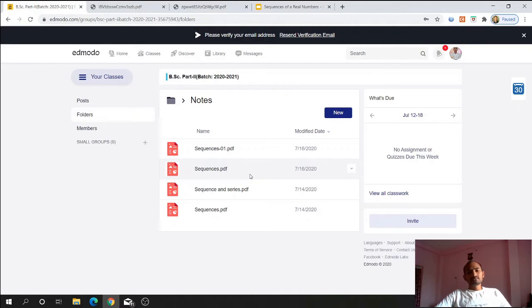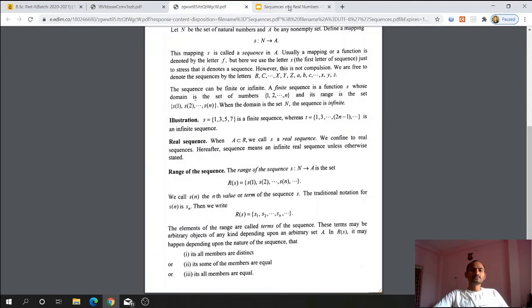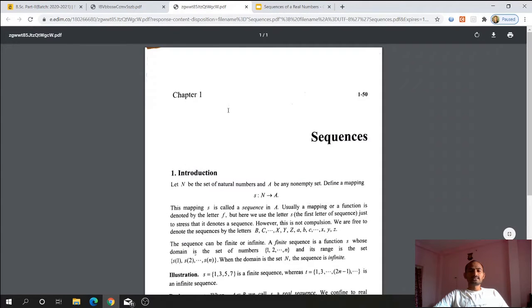After that we will learn some methods to write the given sequence, and lastly we learn some examples of these sequences. So let's go to the first chapter, sequences.